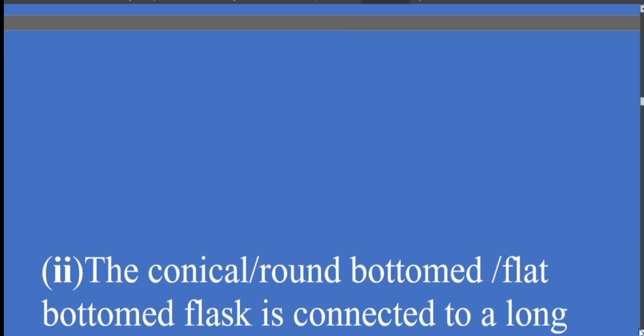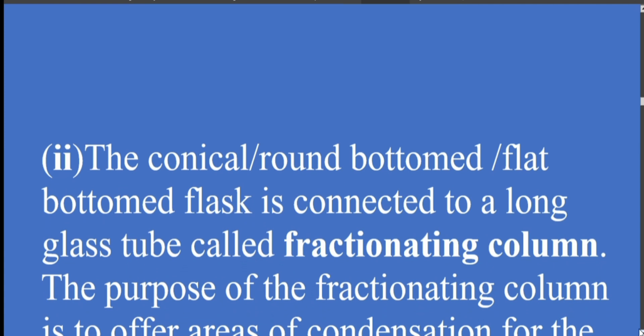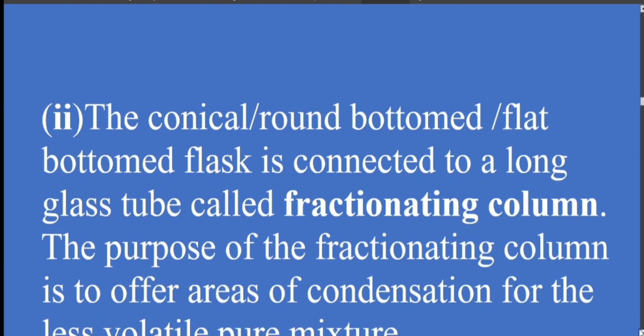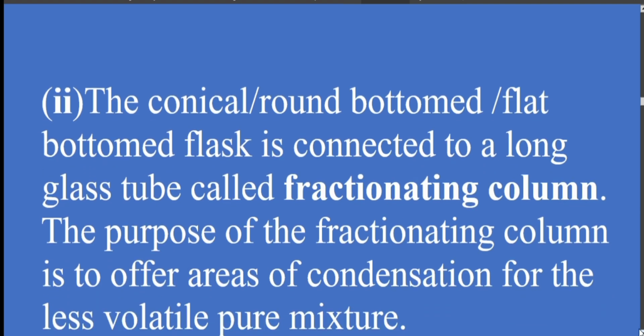Now the conical or round-bottomed flask is connected to a long glass tube called a fractionating column. Remember, in simple distillation we have a glass tube, but we do not have a fractionating column. The purpose of the fractionating column is to offer areas of condensation for the less volatile pure substance.